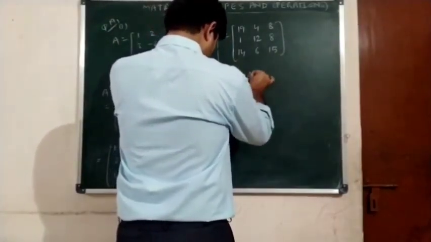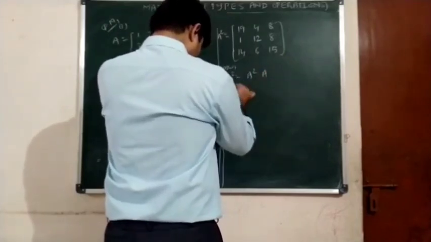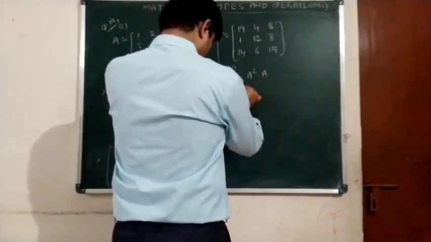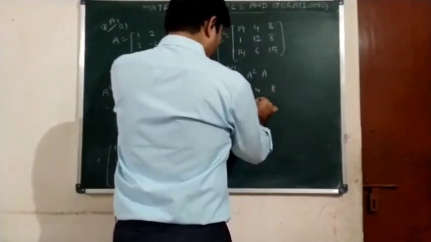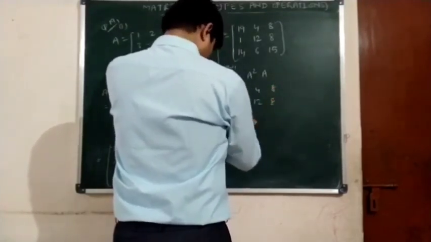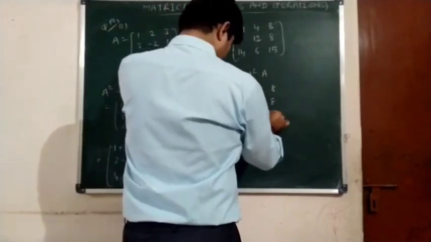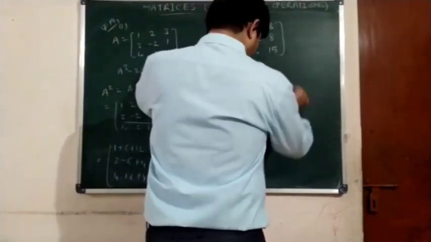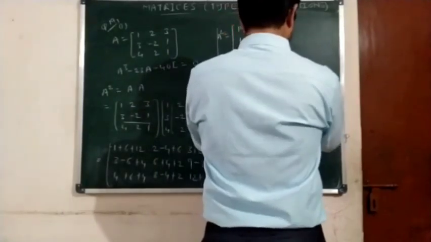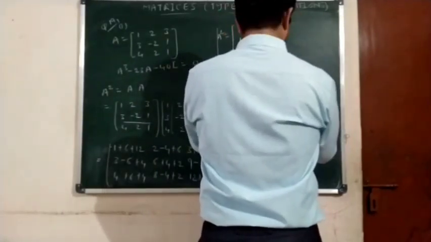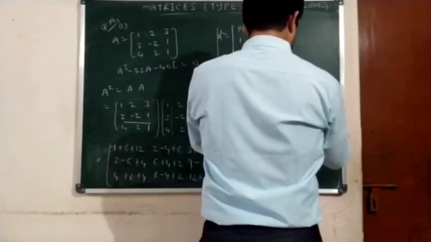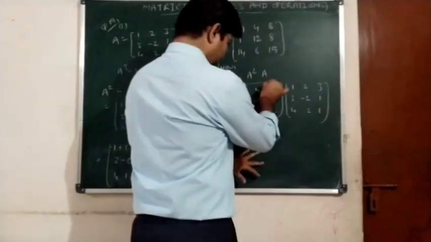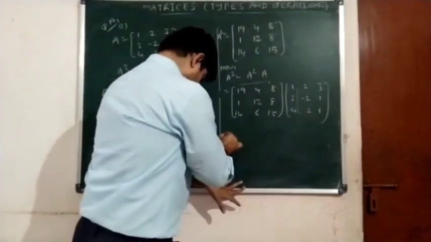Now we will find out A cube. A cube is equal to A square into A, which is 19, 4, 8, 1, 12, 8 and 14, 6, 15 multiplied by 1, 2, 3, 3 minus 2, 1, 4, 2, 1, again row into column multiplication.